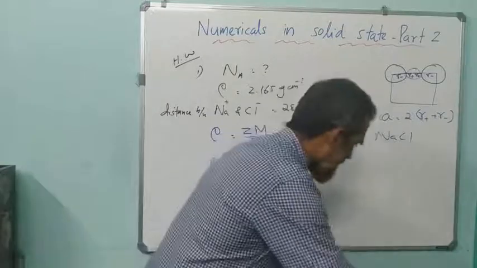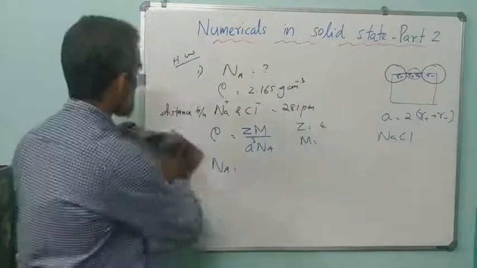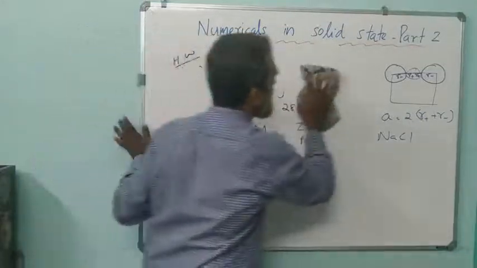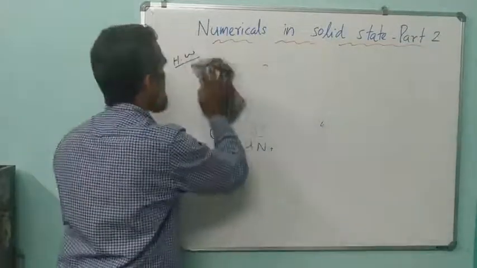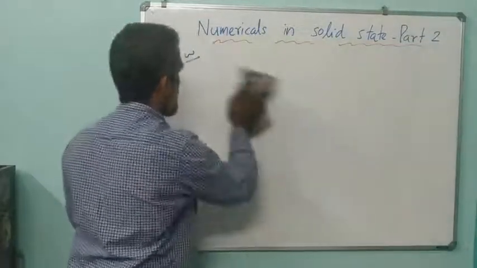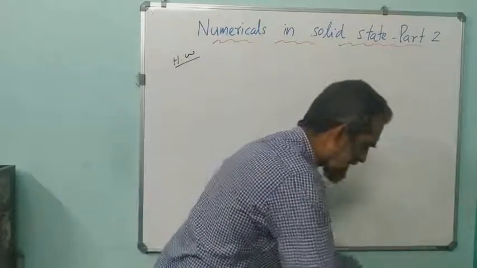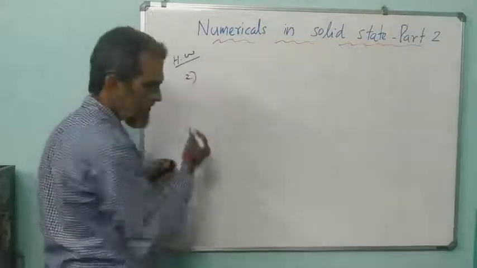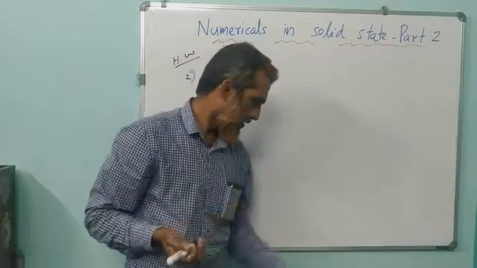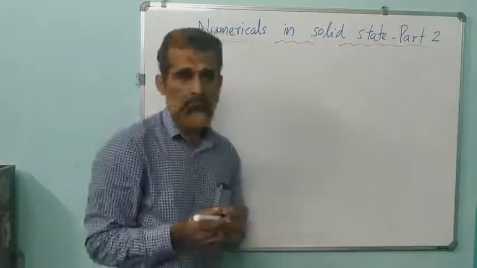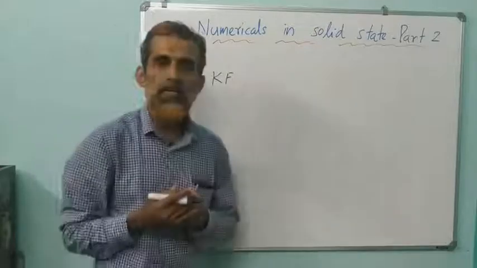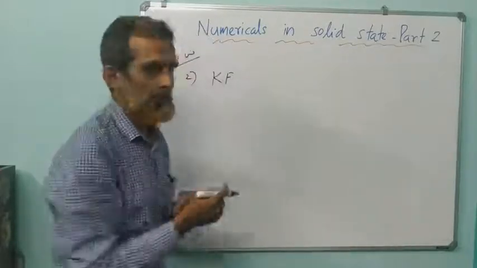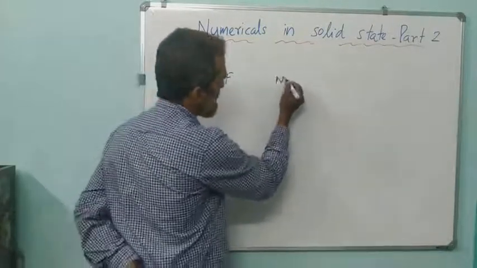Okay, now one more question as homework. You have to do it. The second one is, write down: KF, potassium fluoride. KF has the sodium chloride structure, that is the rock salt structure.